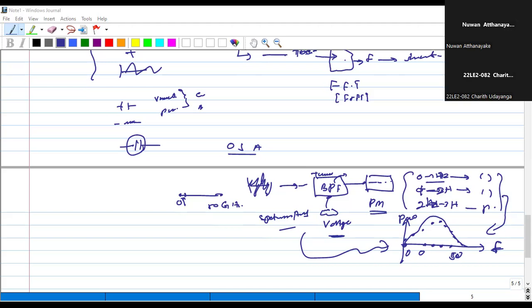For example, there are two types of characteristics, static and dynamic characteristics. For example, range, the measuring range. It is not here.